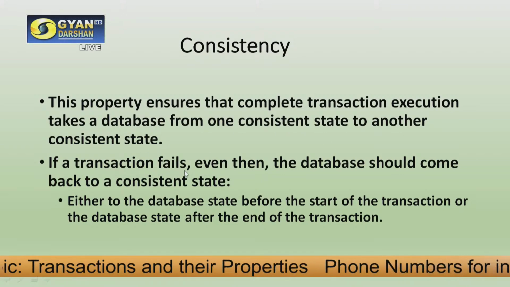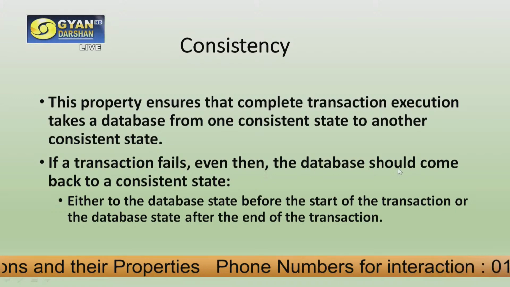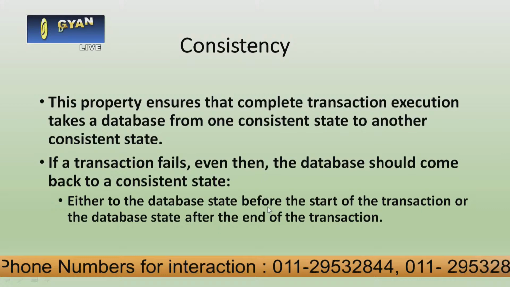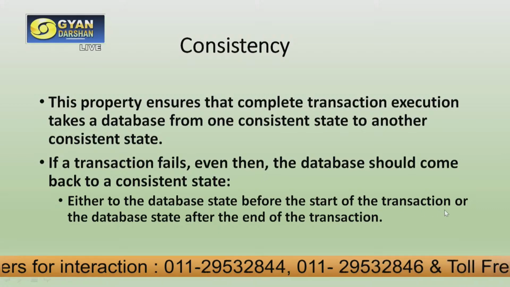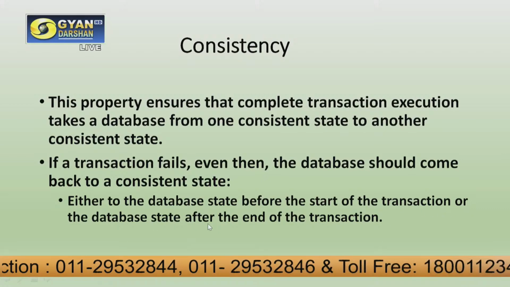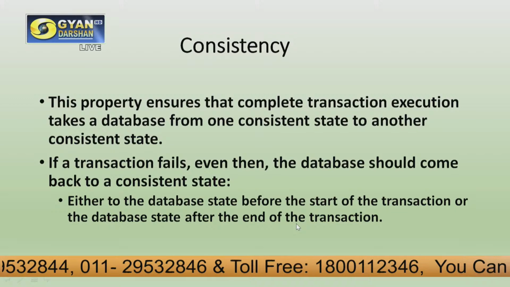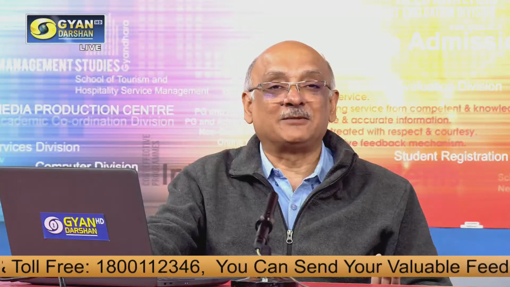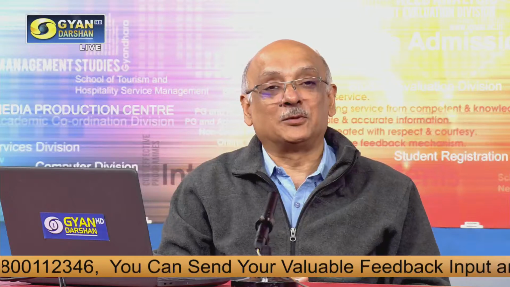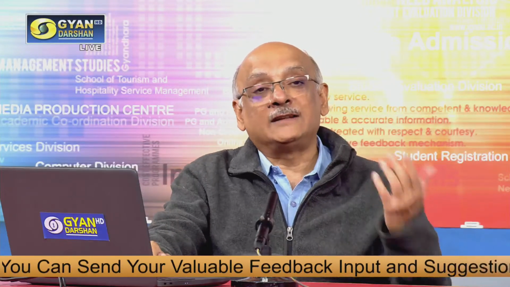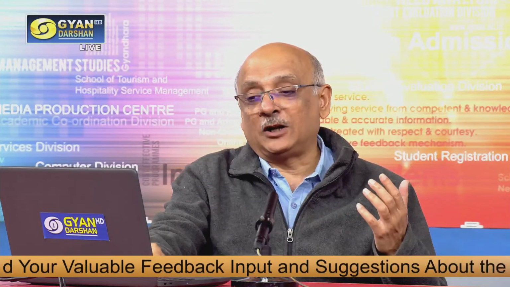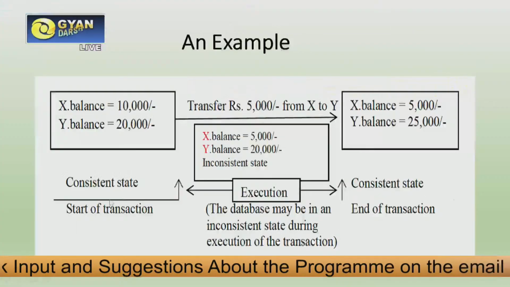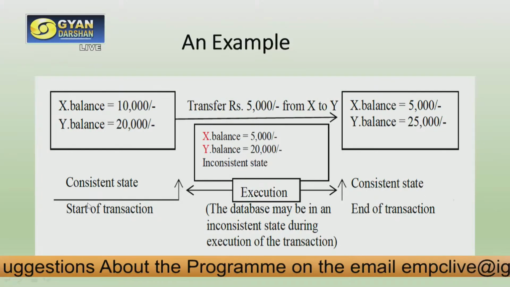If a transaction fails, even then the database should come back to a consistent state, either the database state before the start of the transaction or the database state after the end of the transaction. Now that's a very surprising thing to note. What exactly are we saying? So this is what we said, that the database is in a consistent state before the start of the transaction.